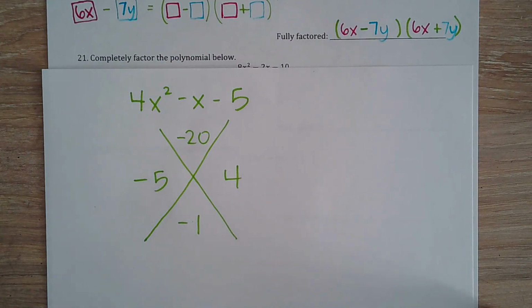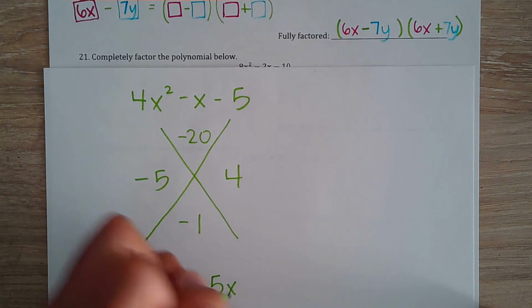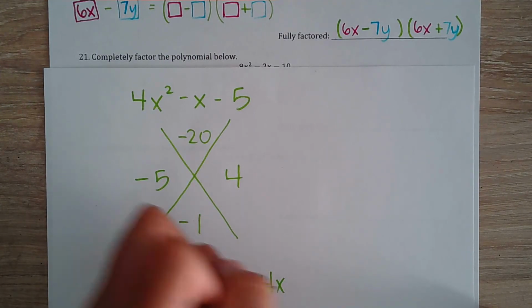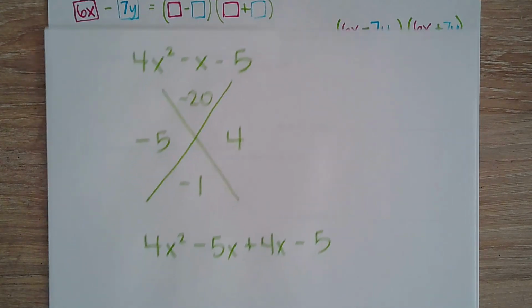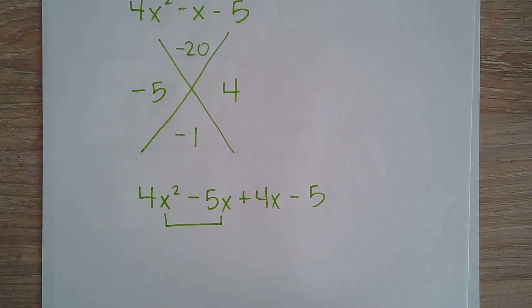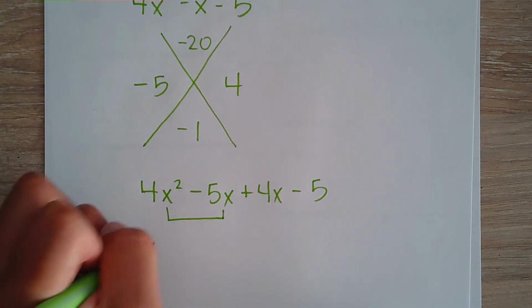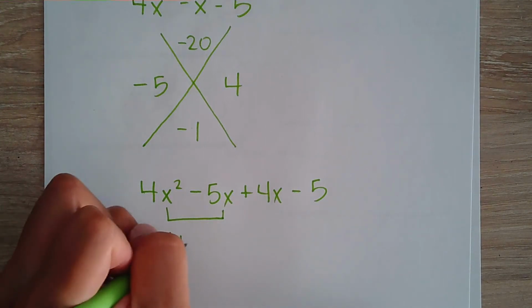All right, so splitting the middle term, we write 4x squared minus 5x plus 4x minus 5. The greatest common factor of these first 2 terms is going to be x, and in parentheses, we write 4x minus 5.